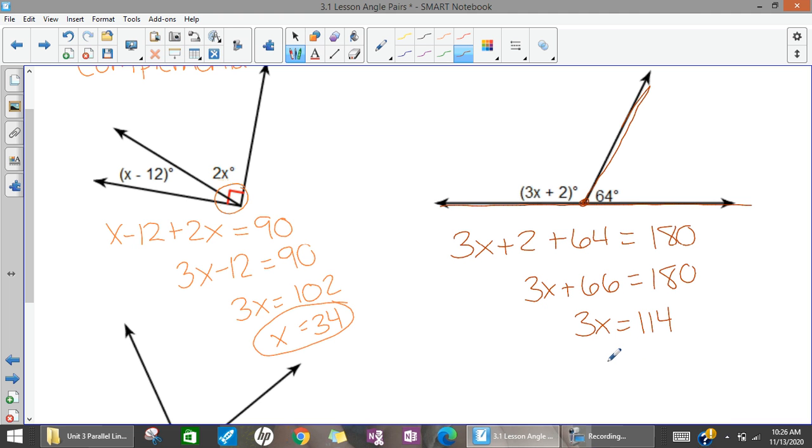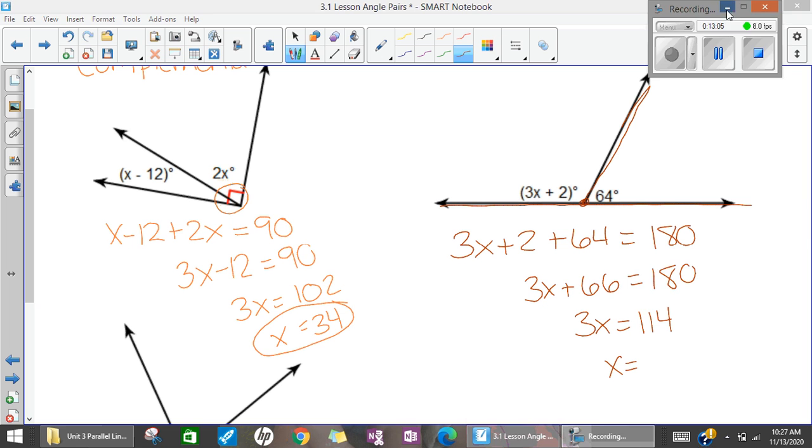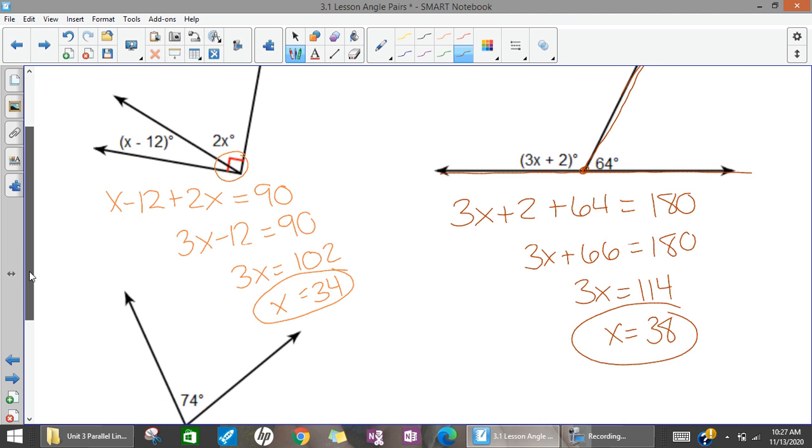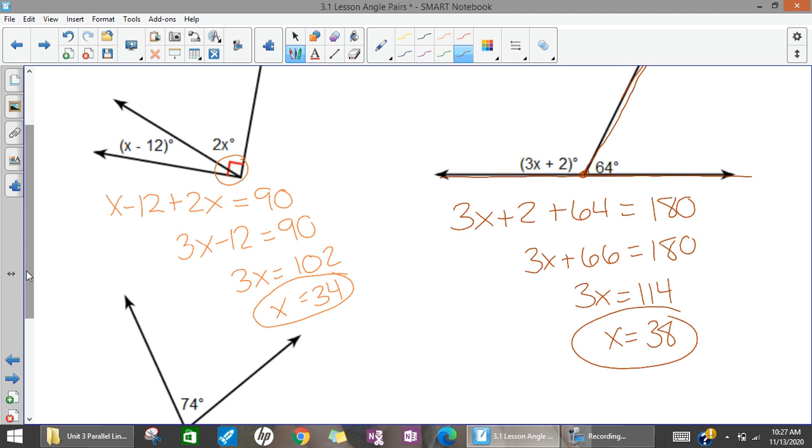And then I am going to divide by 3. Don't tell anyone I paused so that I can use my calculator. But that's okay. You can use your calculator if you need it. And so I find that x is 38. So again, I figured out the relationship is a linear pair. I know that linear pairs should add to 180. I can write an equation showing them add to 180, and then I can figure out x.